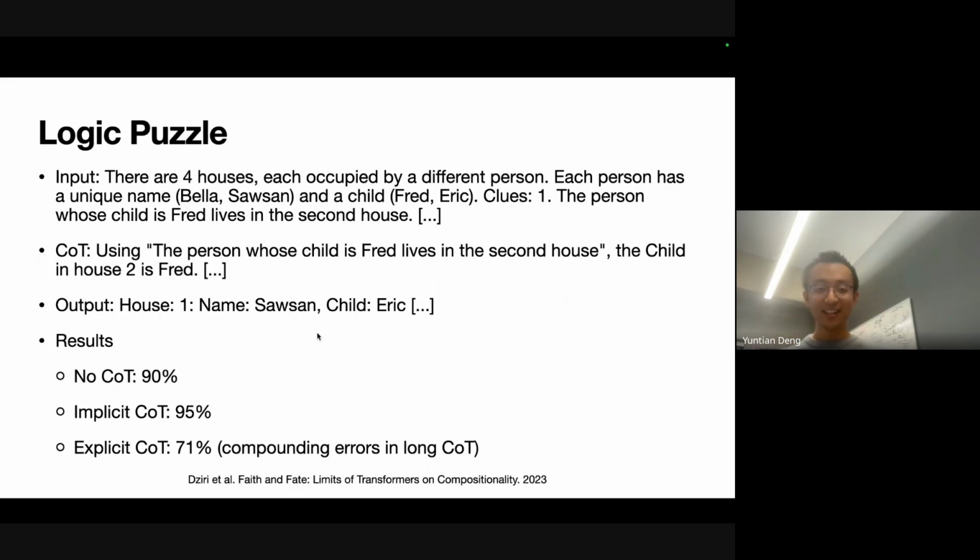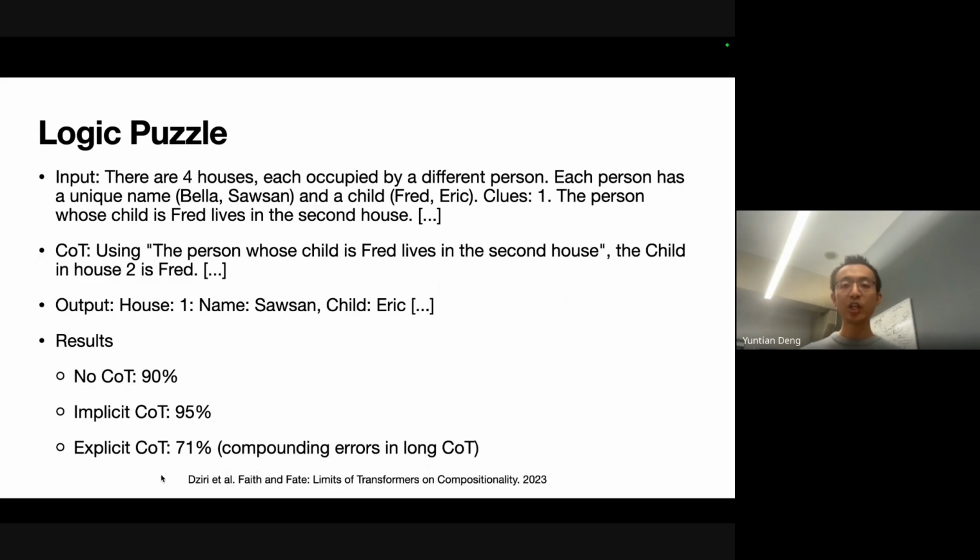And on this data set, interestingly, we found that both no chain of thought and implicit chain of thought actually outperform explicit chain of thought. This might appear surprising on its surface, but when we inspected the results, we found that the reason why explicit chain of thought has a lower accuracy on this task is usually due to compounding errors.